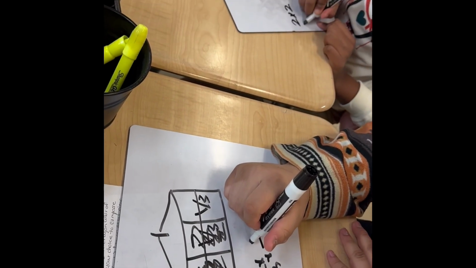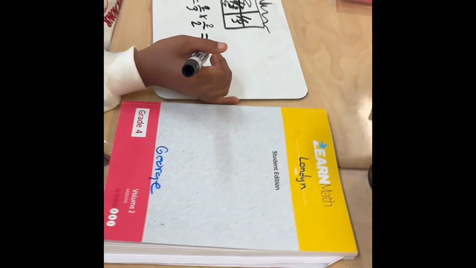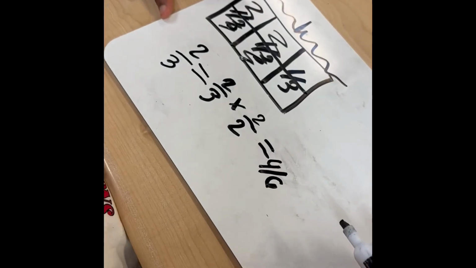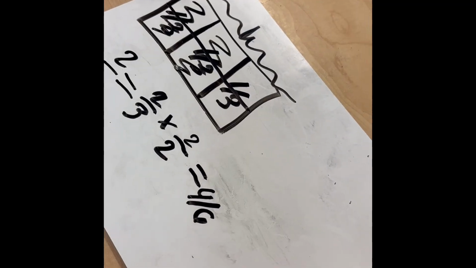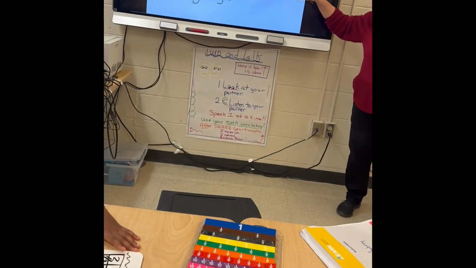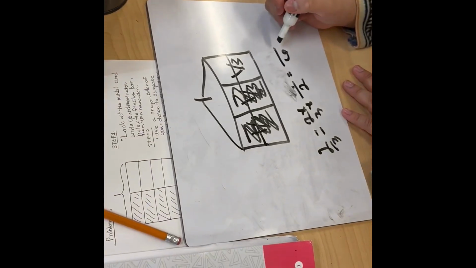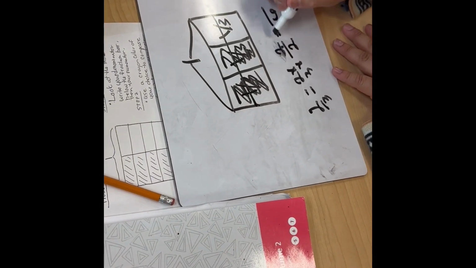What do we notice about our pieces? The pieces haven't changed, but the numbers have. So are we going more pieces or fewer pieces? More pieces. But what about the size of them? Are they larger or smaller? Smaller.